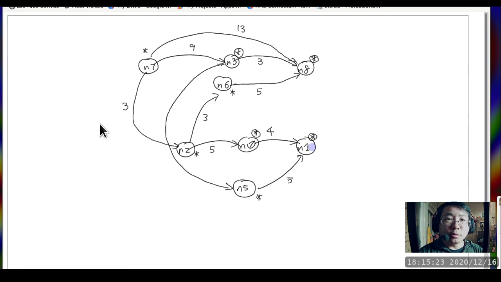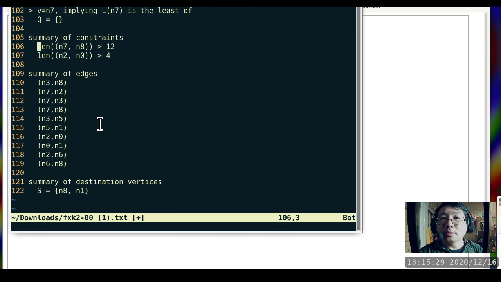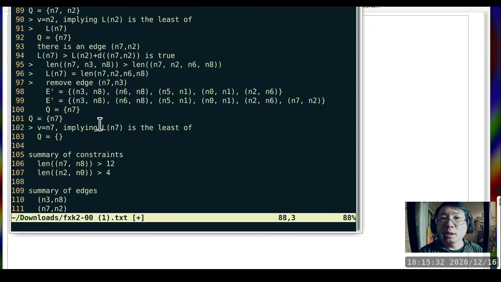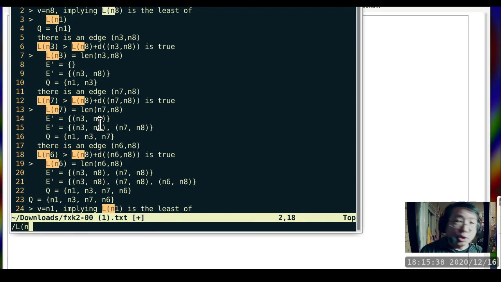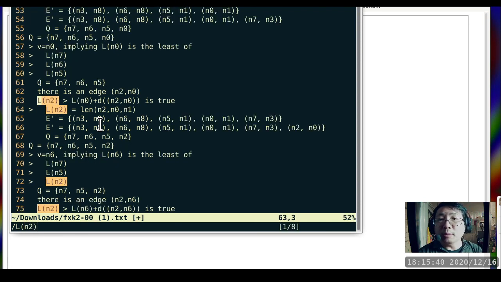We can look into how we update the L value of N2 because I might have made a mistake somewhere that's causing this to happen. All right, so let me just go back and check, because I can look at the L value of N2 and see whether it got updated. All right, so the first time it got updated is here, which is normal, and it's going from N0.